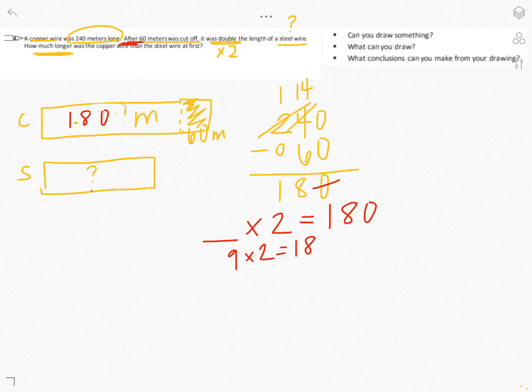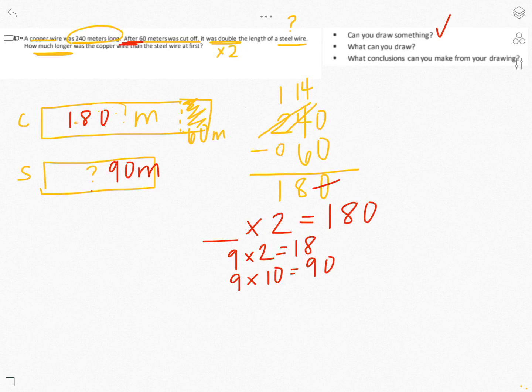Knowing that, and knowing that 18 times 10 gives me 180, I've got to take that 9 and also multiply it by 10, which gives me 90. Now, there's many other ways that you can solve to find that. I just need to cut 180 in half. When I do that, I get 90. 90 meters.